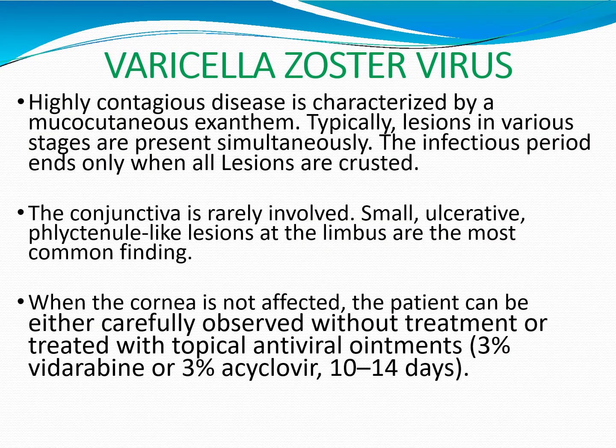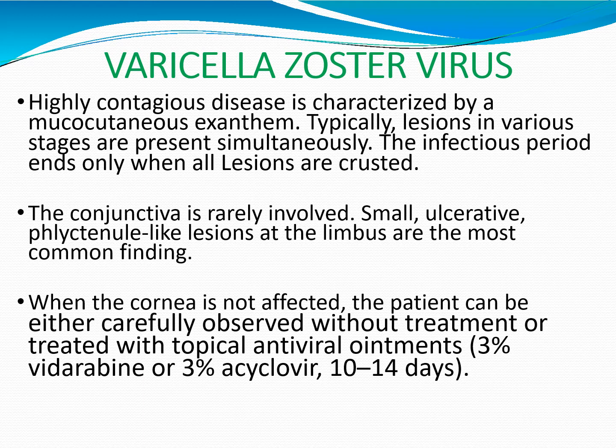Coming to the next, that is varicella zoster virus. It is a highly contagious disease, usually characterized by a mucocutaneous exanthem. Typically, lesions in various stages are present simultaneously, and the infectious period ends only when all the lesions are crusted. Conjunctiva is rarely involved.